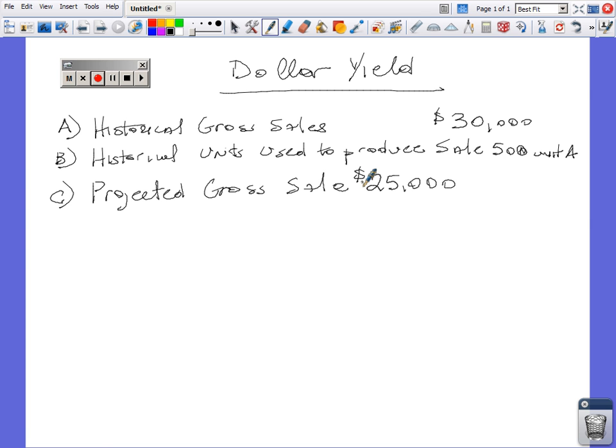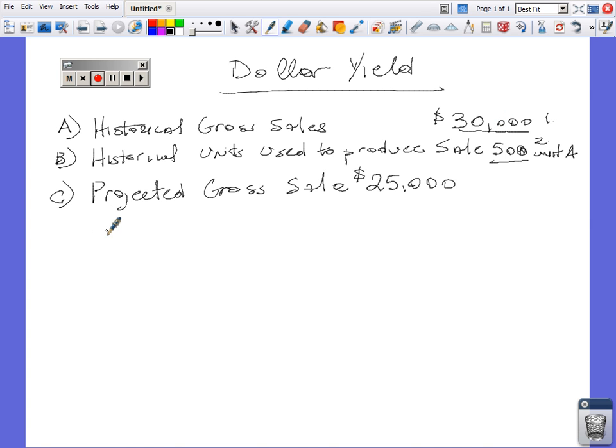So, using 1 and 2, we will calculate our dollar yield. That is the relationship between the units used and the gross sale. There are two methods, but we're going to use a pretty simple division method to determine what gross sale one unit of A would produce.